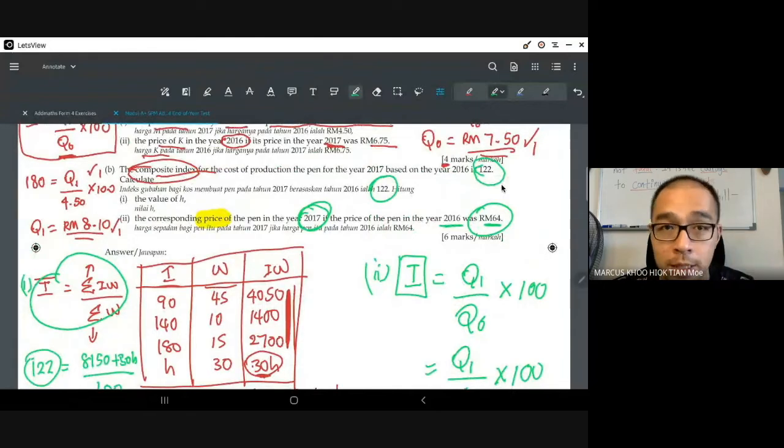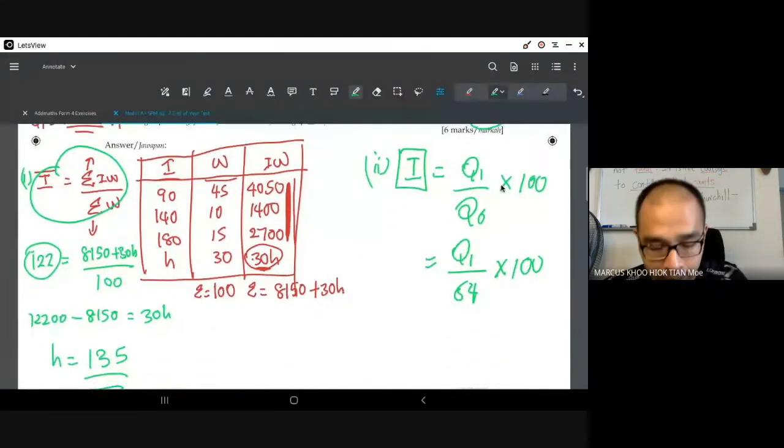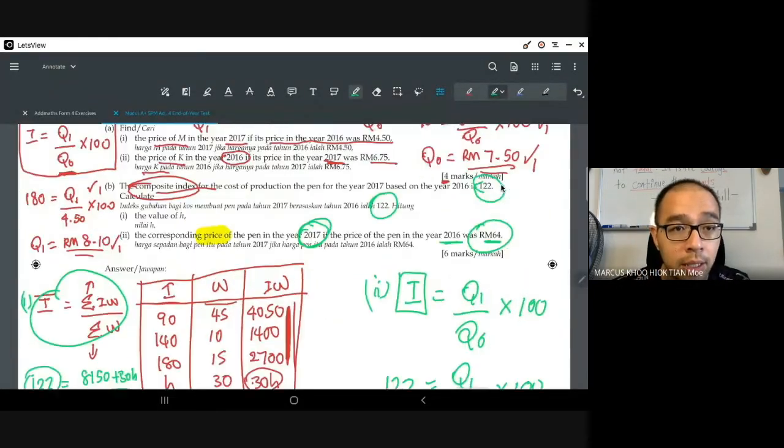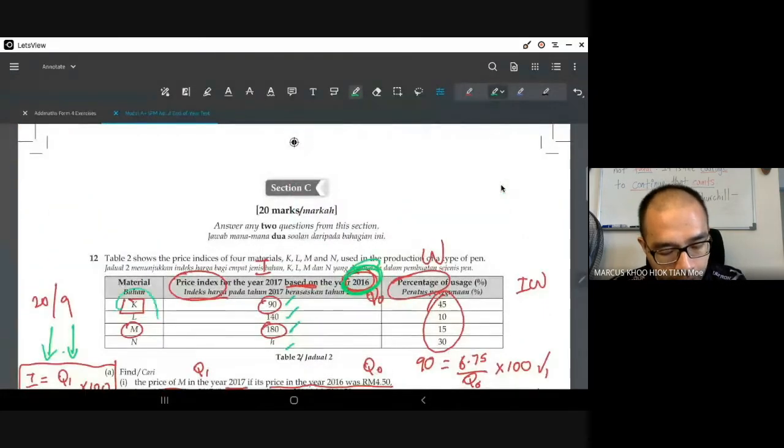So this one we must be a bit careful. If we already talk about composite index, the price index we use is the composite index, so it's 122. Because they say the corresponding price of the pen, not K, L, M, N. If they don't ask for K, L, M or N, we cannot use this number.